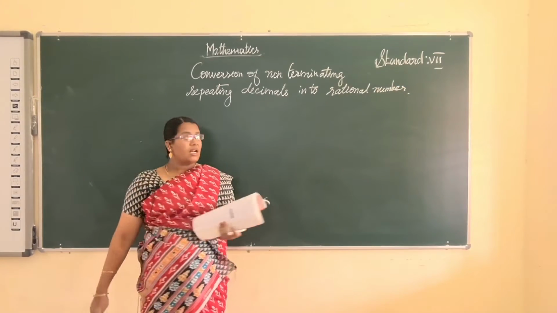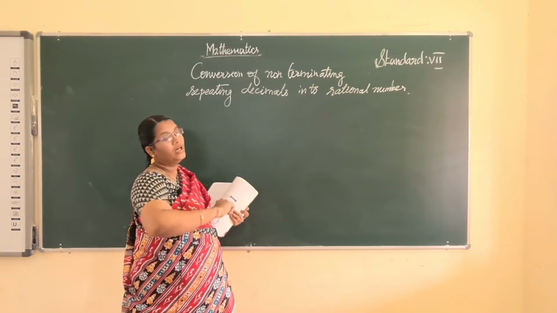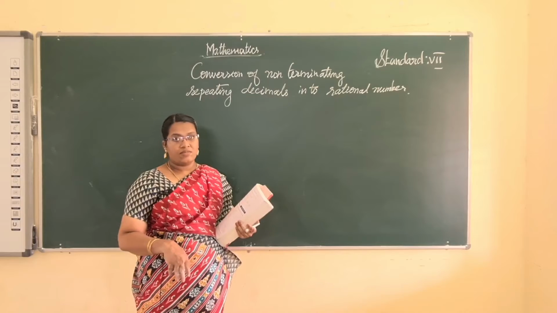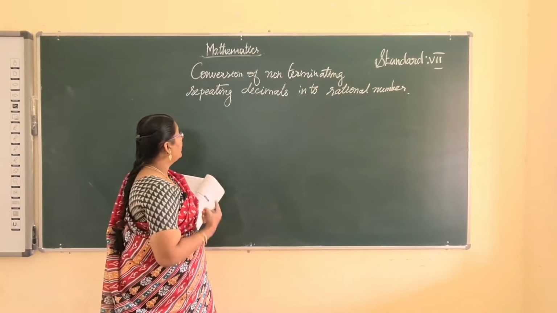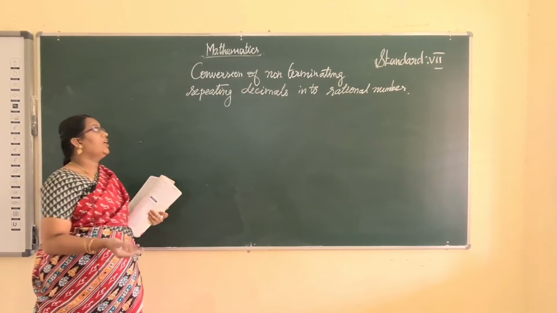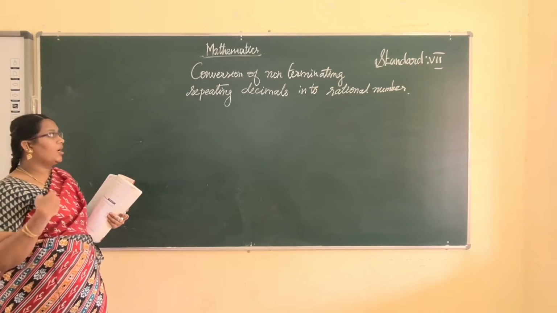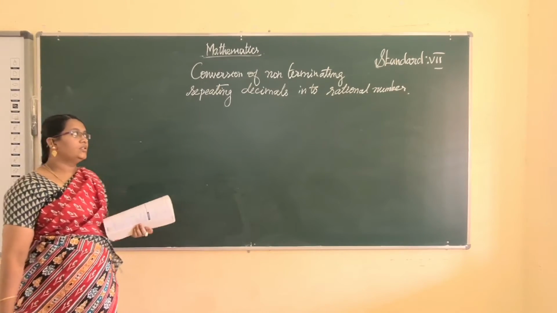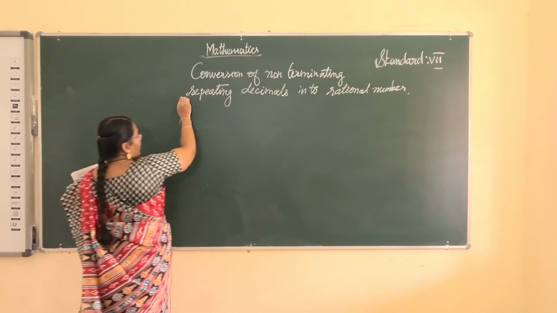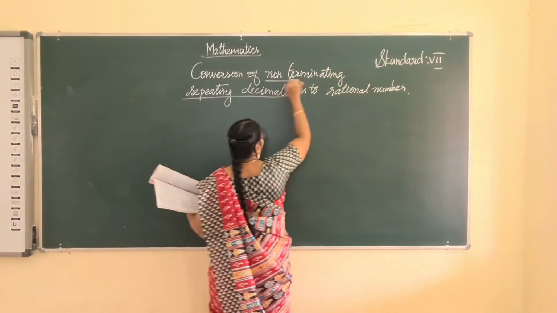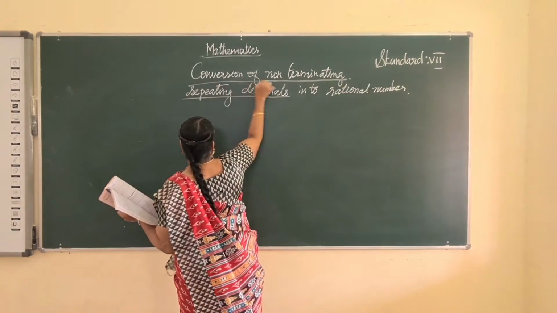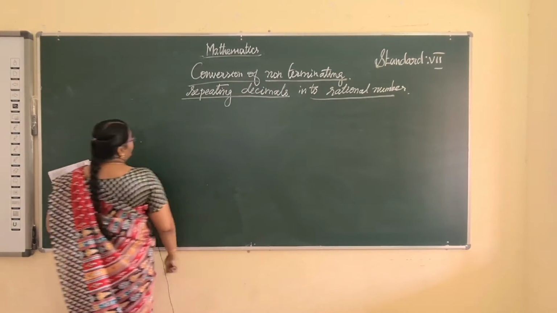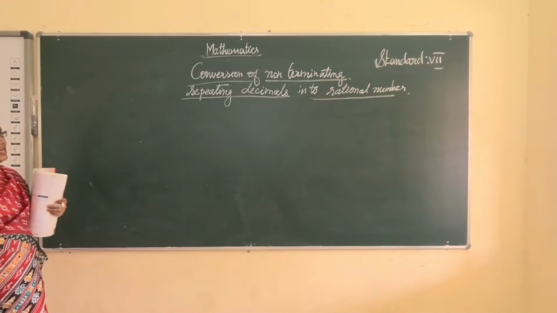In the previous class we learned how to convert rational numbers to decimals. Today we are going to learn how to convert non-terminating recurring or repeating decimals into rational numbers.